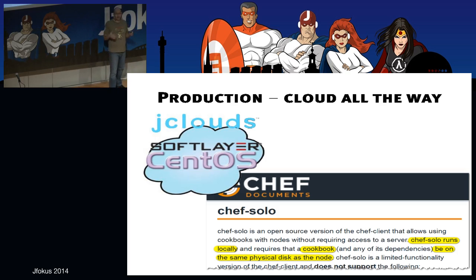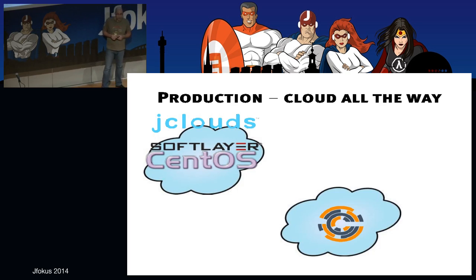But Chef Solo won't fit anymore. We want to provision in the cloud, so we will use Chef Server instead. Chef Server is the same concept, but now the cookbooks are running not from the same machine, but from the service of Chef itself. It's a cloud service.